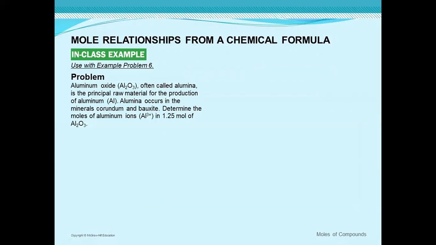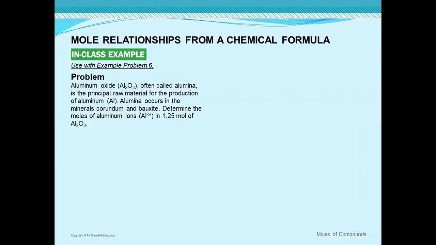Alumina occurs in the minerals corundum and bauxite. Determine the moles of aluminum ions, Al3+, in 1.25 mole of Al2O3. It's called aluminum oxide.